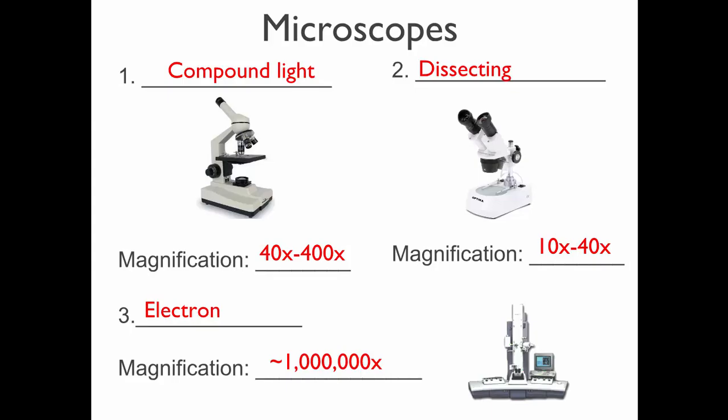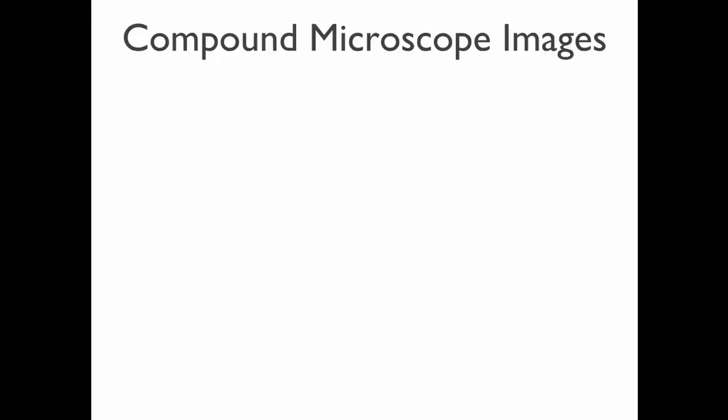So those are the three general types. Let's look at some images from each type, and I'll tell you a little bit about what makes these microscopes different. With the compound microscope, the object that you're going to view goes on this flat part called the stage.